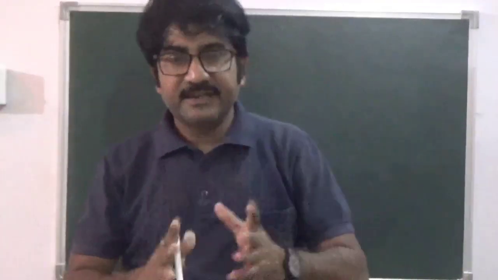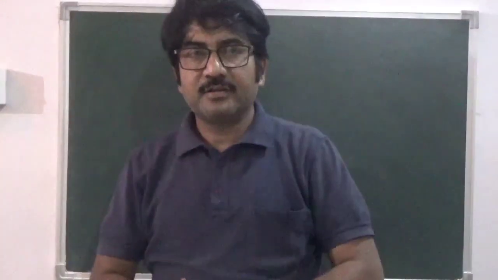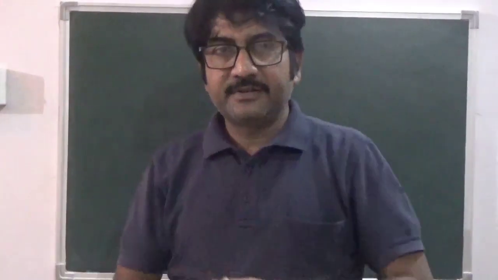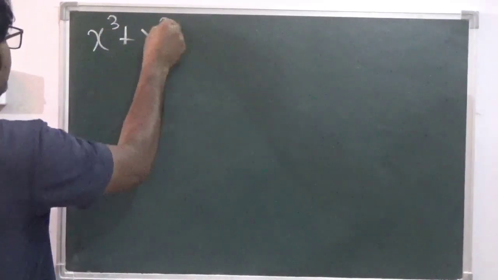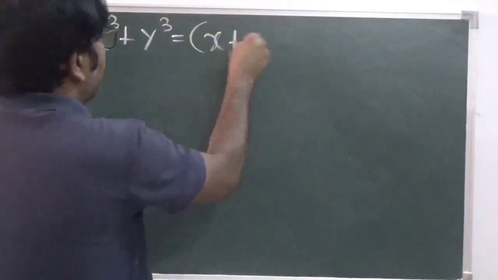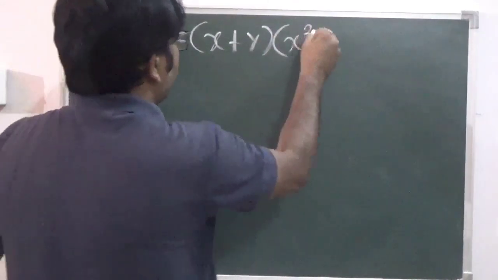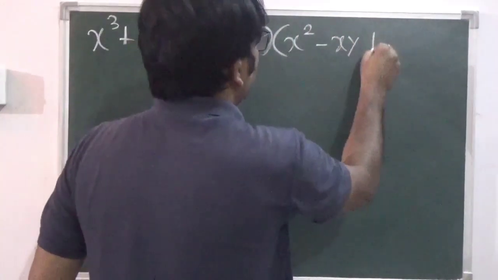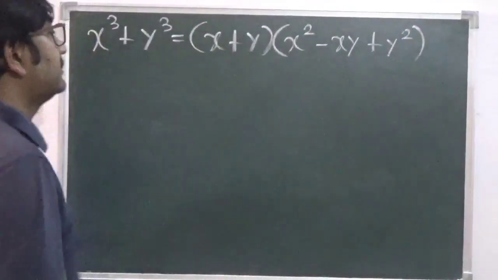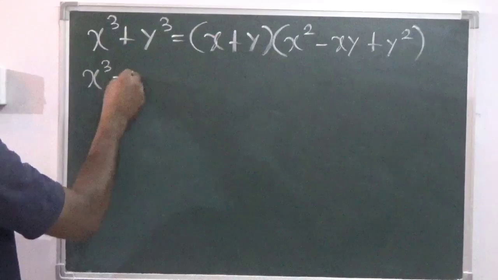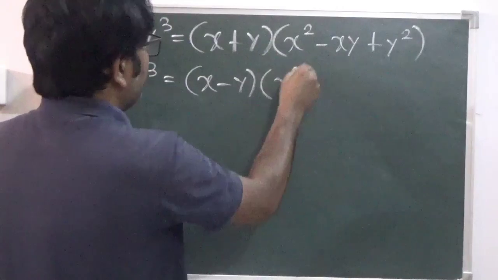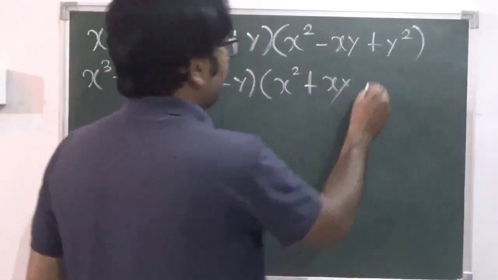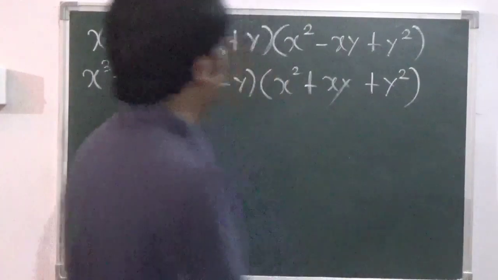Now let us see the next method of doing the factorization, and that is the sum and difference of two cubes. Okay. Now let us write it first. So x cube plus y cube is written as x plus y into x square minus xy plus y square, and x cube minus y cube will be x minus y into x square plus xy plus y square.